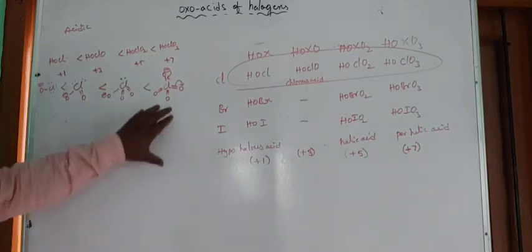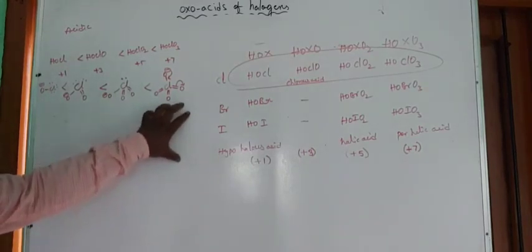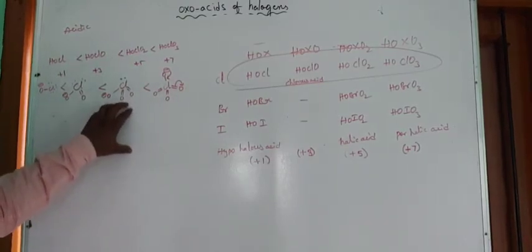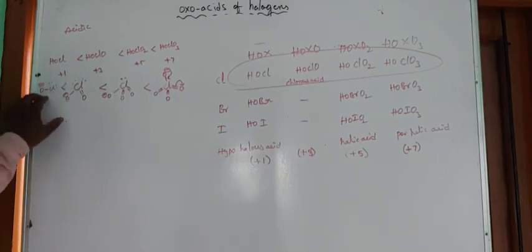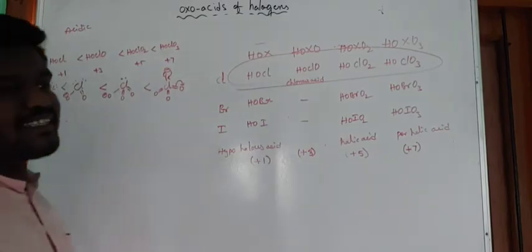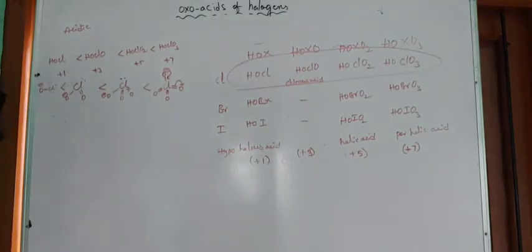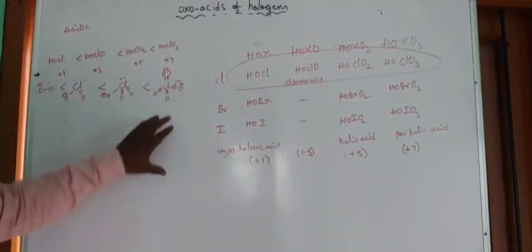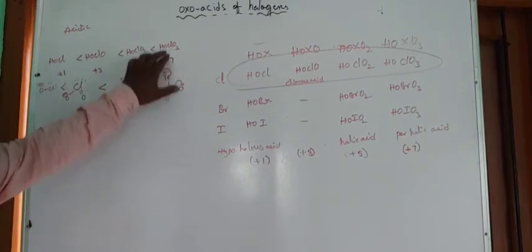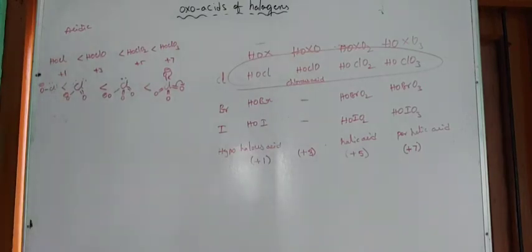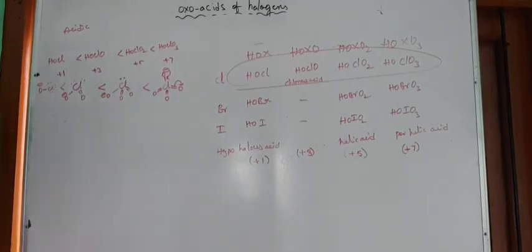Like that, more resonating structures are possible for this one, the next one has fewer, and this one has the least. As the number of resonating structures increases, the stability of the anion increases. If the stability of the anion increases, then its acidic strength also increases, right? So this is the acidic strength of the oxoacids with the same halogen and different oxidation states.